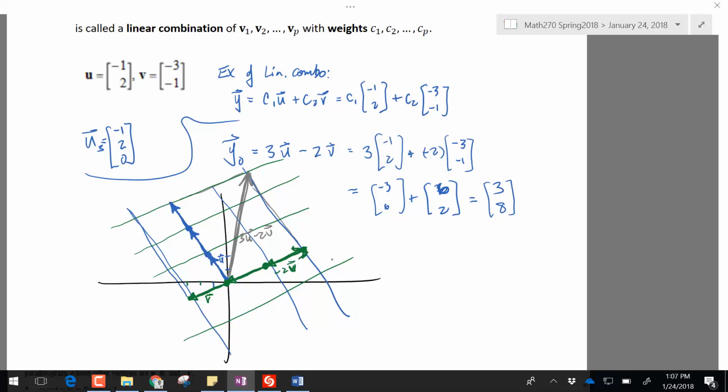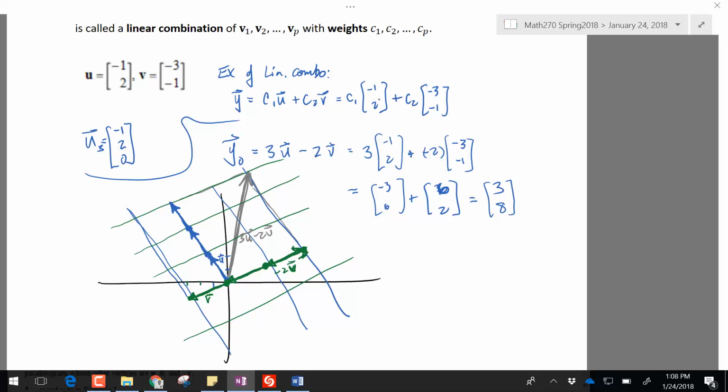And it looks like it could span the whole xy plane, which is to say that if I randomly pick a point in the xy plane, I can somehow get to that by scaling these two vectors in the appropriate way, which is kind of an interesting idea.